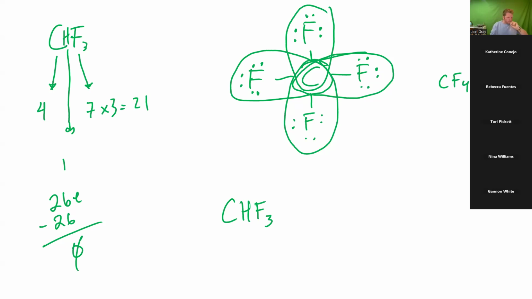Now, let's draw kind of a visual of this. This right here is me, Joel. I'm going to put a little dot in the middle, and then over here, I've cloned myself.